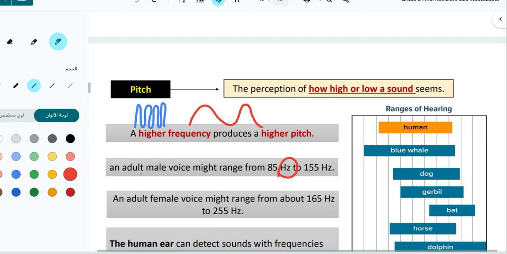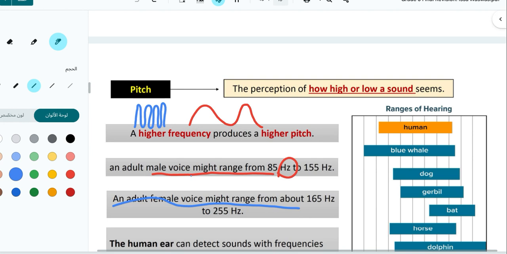So again, here are our examples. A male voice would have a low frequency sound, and let me switch back to my blue. An adult female voice will have a high frequency sound. So a higher frequency sound would be a higher pitch, and the low frequency sound would be the lower pitch.